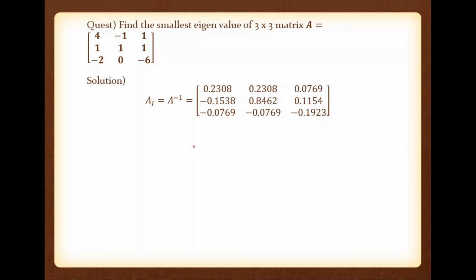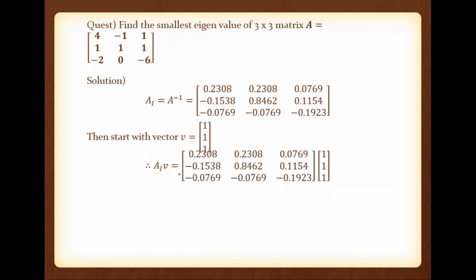Now start with an initial vector V equal to 1, 1, 1. Multiply this AI with 1, 1, 1. I am not writing the resultant vector.